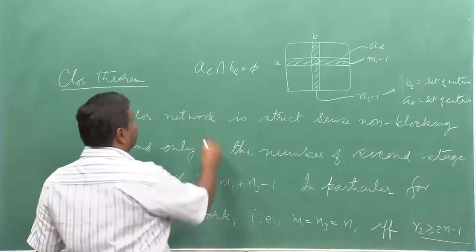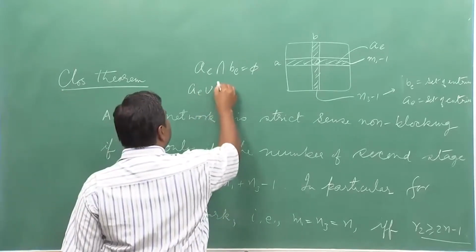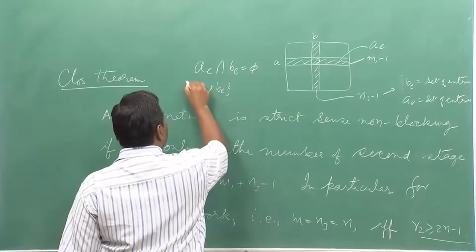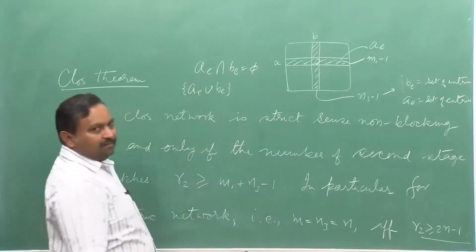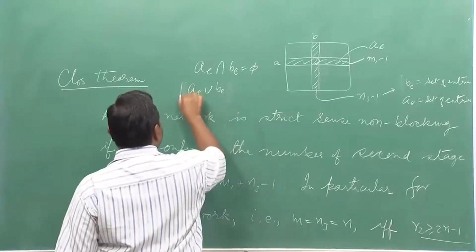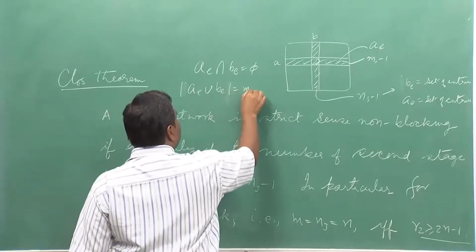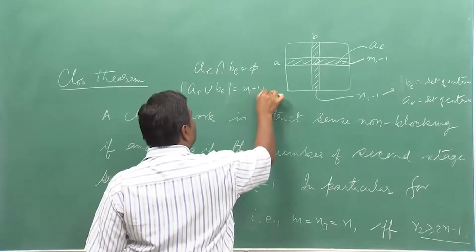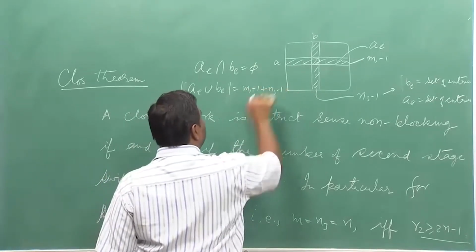Okay. So, which actually means AE union BE, the cardinality of this particular set should be M1 minus 1 plus N3 minus 1.